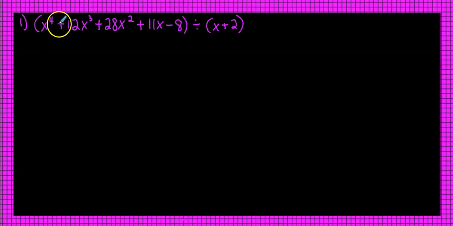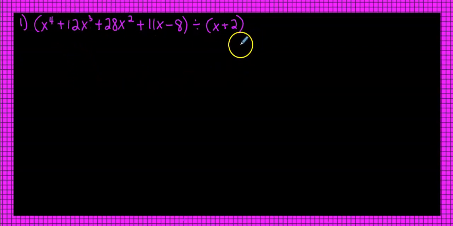If I'm missing one of these terms between the highest degree and the lowest degree, I need to be sure that I add a 0, x to the whatever, to serve as a placeholder. Same thing in my divisor. If this was x squared plus 2, I would need a 0x to the 1st as a placeholder. So I have everything I need here.